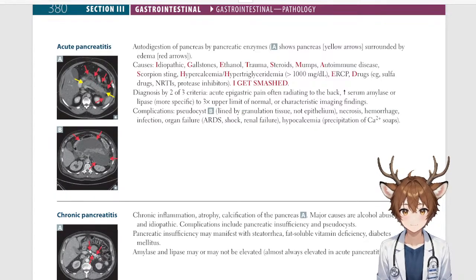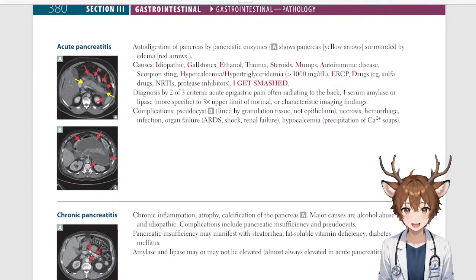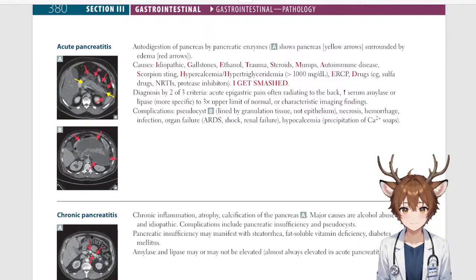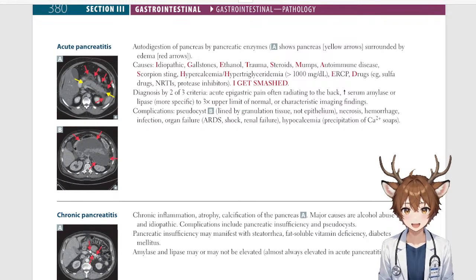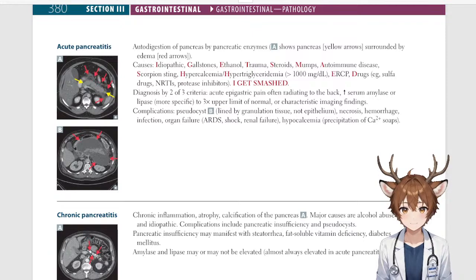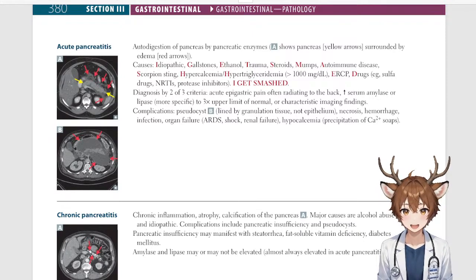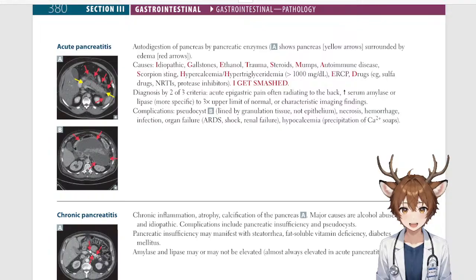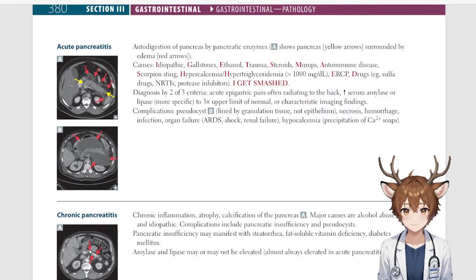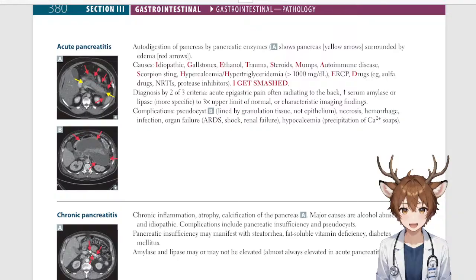Chronic pancreatitis. Let's talk about that now. Chronic inflammation, atrophy, calcifications of the pancreas, which is shown in the picture. It's pretty obvious in your book, to be honest with you. You can tell which one's which. Major risk factors include alcohol use disorders and genetic predispositions, for example cystic fibrosis, SPINK1 mutations, or can be idiopathic.